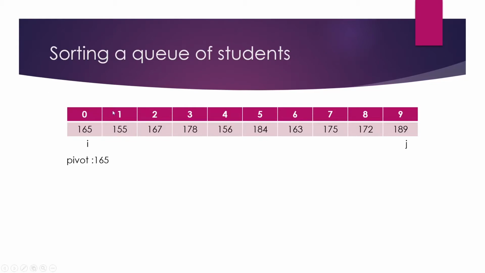So on index 1, you can see that 155 is less than 165. So I will move to the second index. The element at index 2 is greater than the pivot. Therefore, I will stop incrementing at index 2, while J will be decremented until it finds an element less than the pivot. In this example, J will stop at index 6.